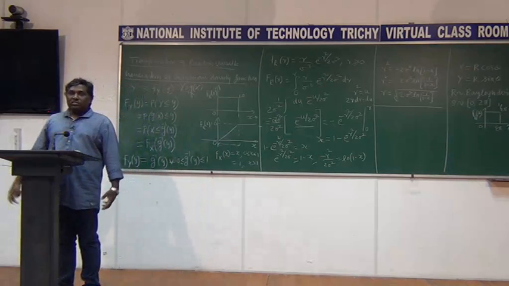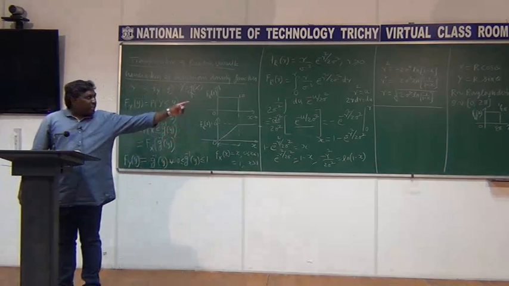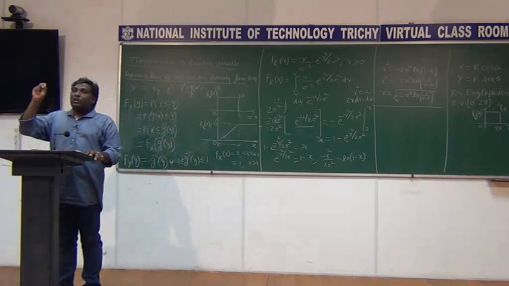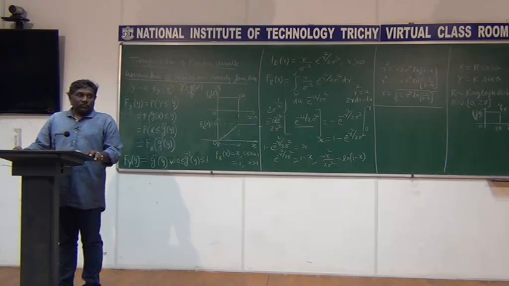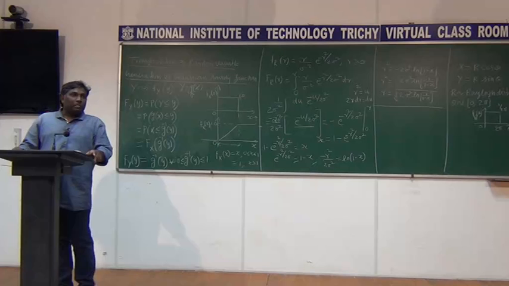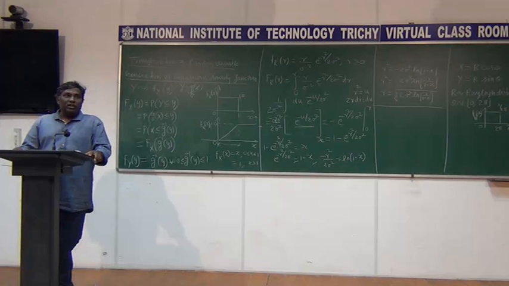So G of x. In this expression, x is the uniform distributed variable, and R is the Rayleigh distributed variable. That's what I said. You start with uniform distributed data and get Rayleigh distributed data R, right?